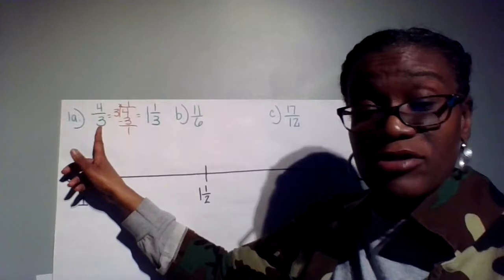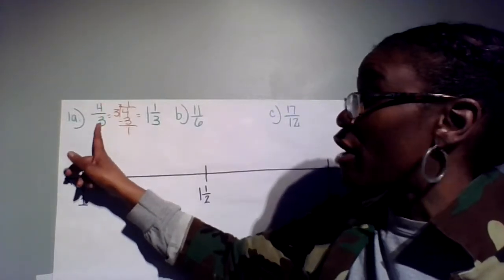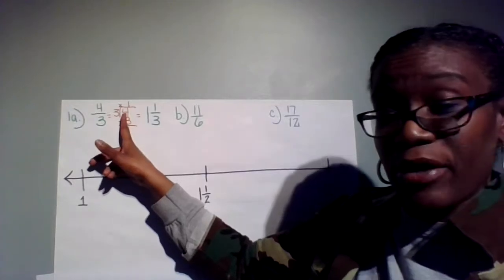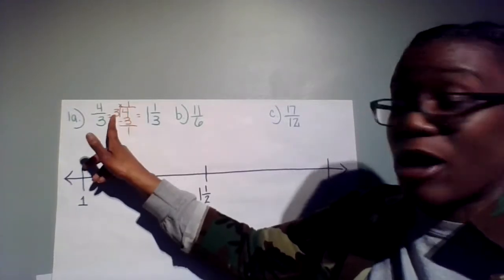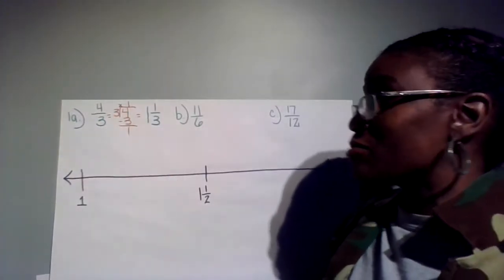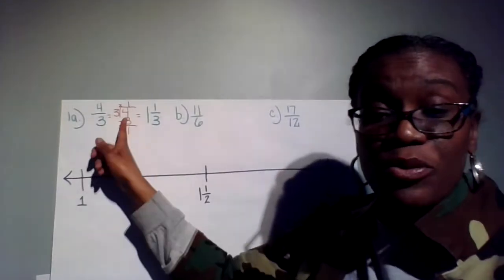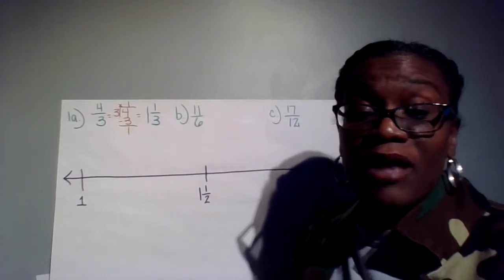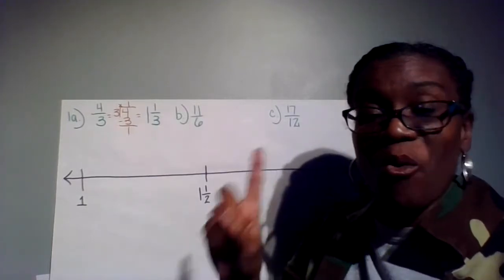So for our first improper fraction, which is 4/3, I did the division. I put the numerator inside the house, 3 outside the door, and then I asked myself, how many times can 3 go into 4 without going over? And the answer is 1.